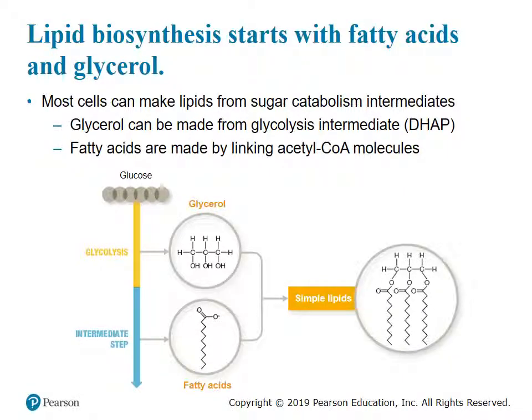Sometimes we can do this, and again, do not memorize this, do not study this, but all I'm showing you here is that some of the intermediate steps of glycolysis, sometimes we can take the side products, or the products between these steps, and an organism can add them together like they're doing here, and they can make a lipid if they need to. This looks to be probably a triglyceride, right here.